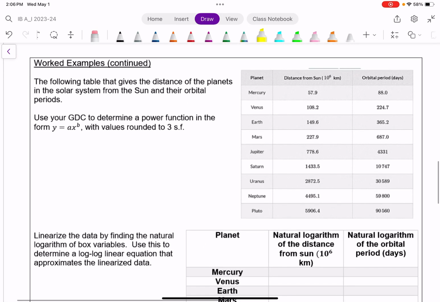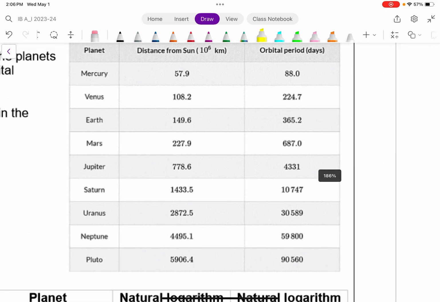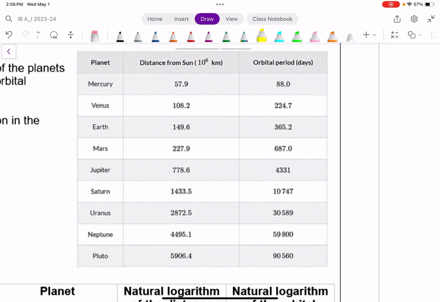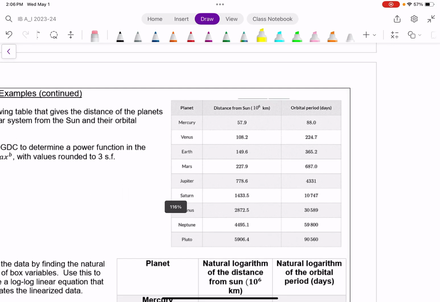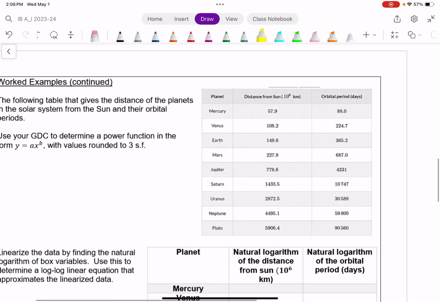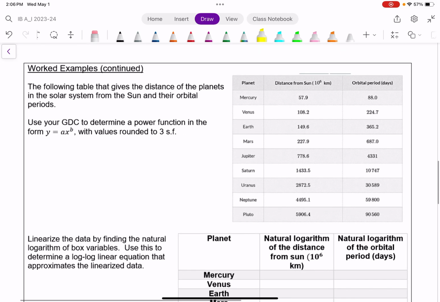All right, the rest of this is all about this data comparing the distance of planets from the sun with its orbit in days. I have this table here in which the distance is all in millions and the orbits are all in days. The first thing I want to do is use regression technology to come up with a power function to approximate this.